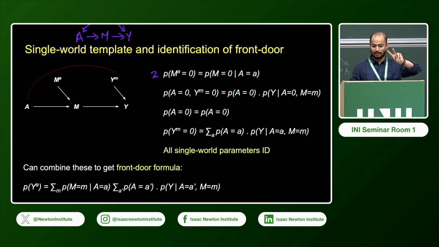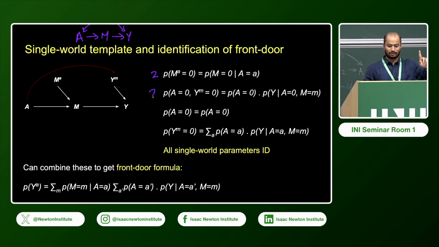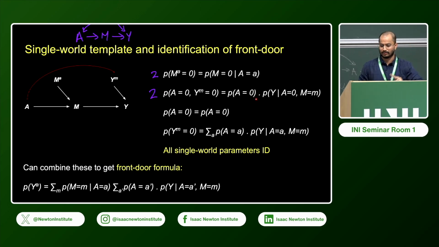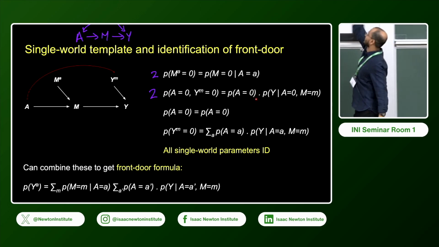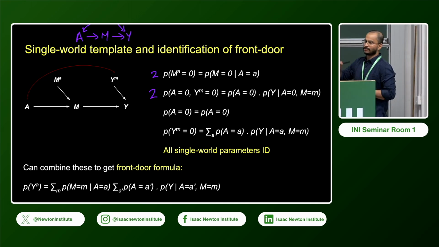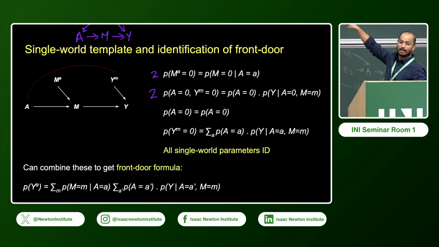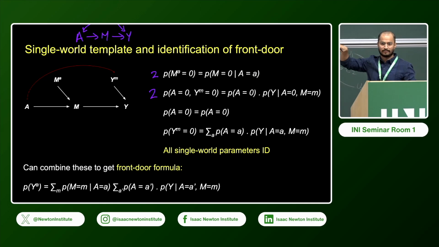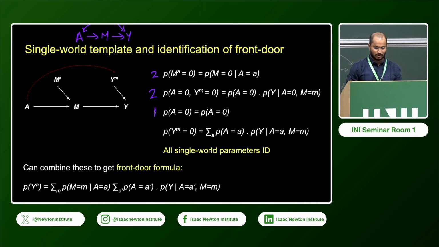This one over here is similar. For different values of M, I could get different post-intervention distributions where I intervene on M and calculate what happens to A and Y. So this is also two parameters. This is sort of like a conjunction of two probabilities, but its only input is M, really. And then this is just one parameter.